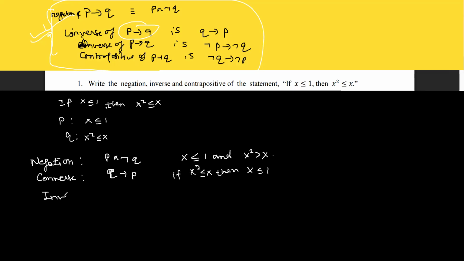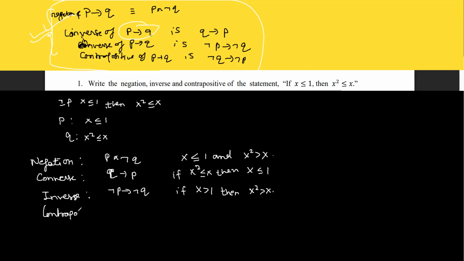Inverse will be not P implies not Q, which means if x greater than 1, then x square greater than x, right?